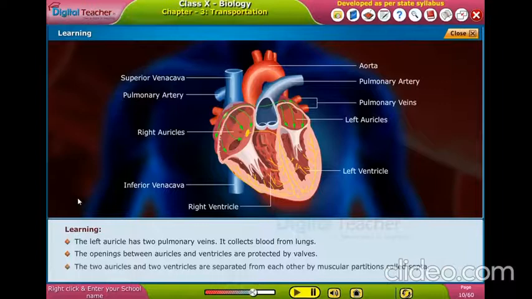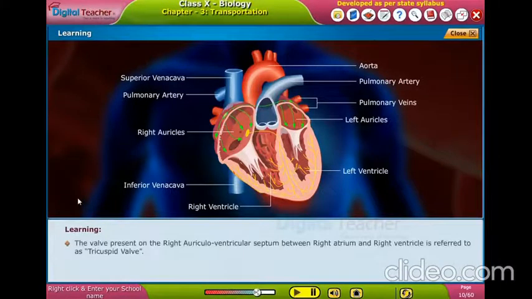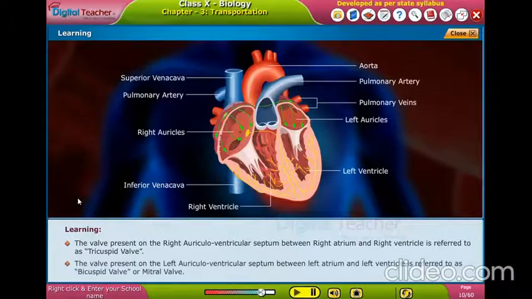The 2 auricles and 2 ventricles are separated from each other by muscular partitions called septa. The valve present on the right auriculoventricular septum between right atrium and right ventricle is referred to as tricuspid valve. The valve present on the left auriculoventricular septum between left atrium and left ventricle is referred to as bicuspid valve or mitral valve.